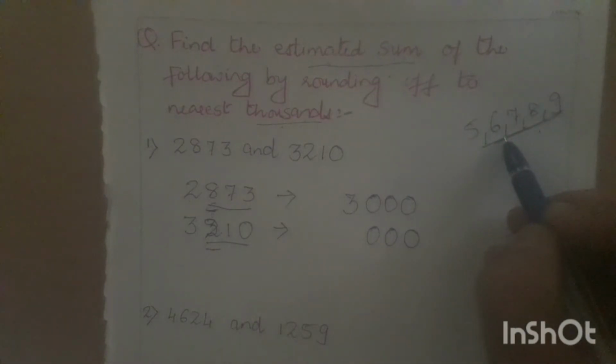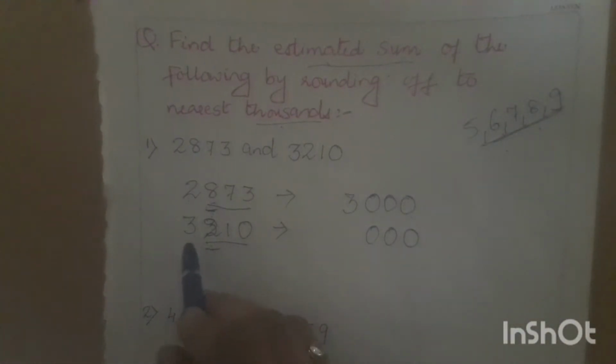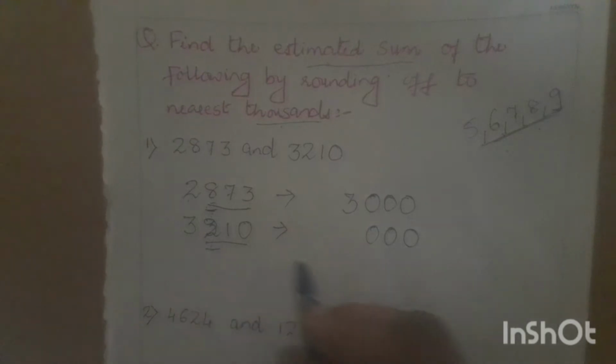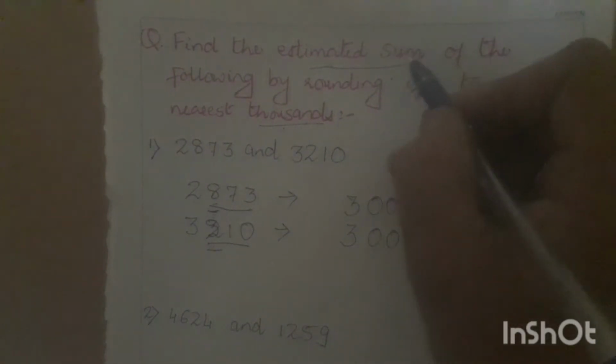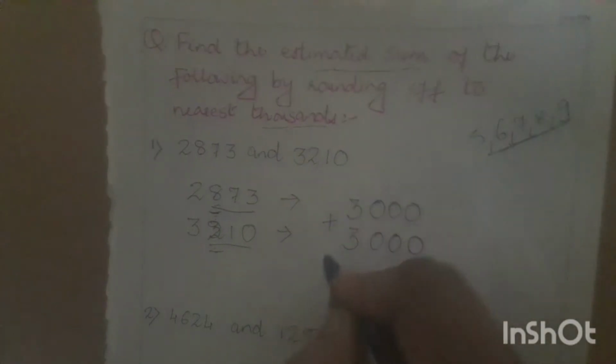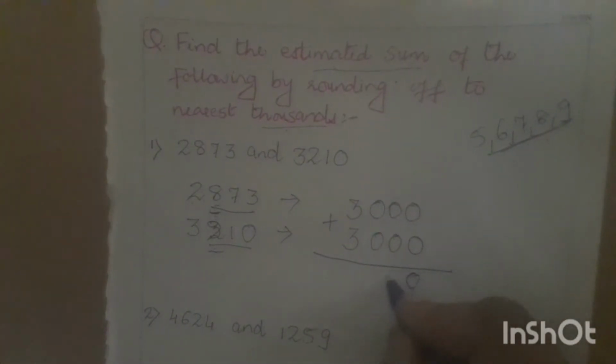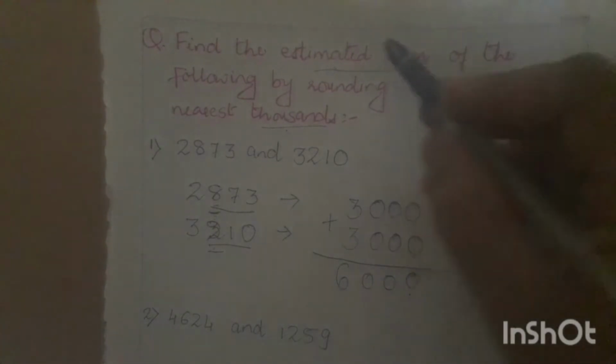Condition is not satisfied, so the number given prior to that is 3 only. So 3 remains as it is. Now you have to find the sum. That is 6000, which is your estimated sum.